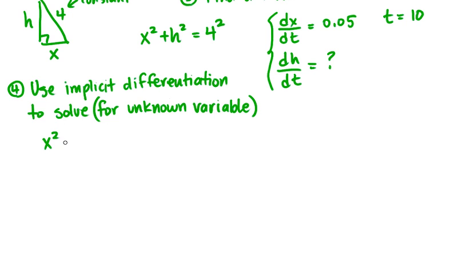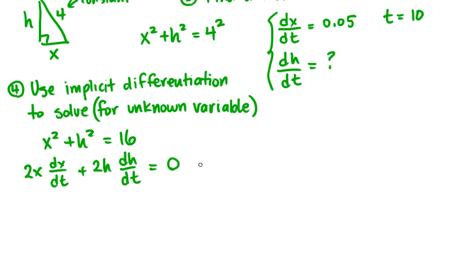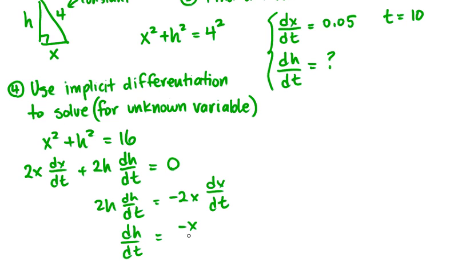So if I take x squared plus h squared equals 16, and I take the derivative, I get 2x dx/dt plus 2h dh/dt is equal to 0. So 2h dh/dt is equal to negative 2x dx/dt, and dividing by 2h gives me dh/dt is equal to negative x over h times dx/dt.